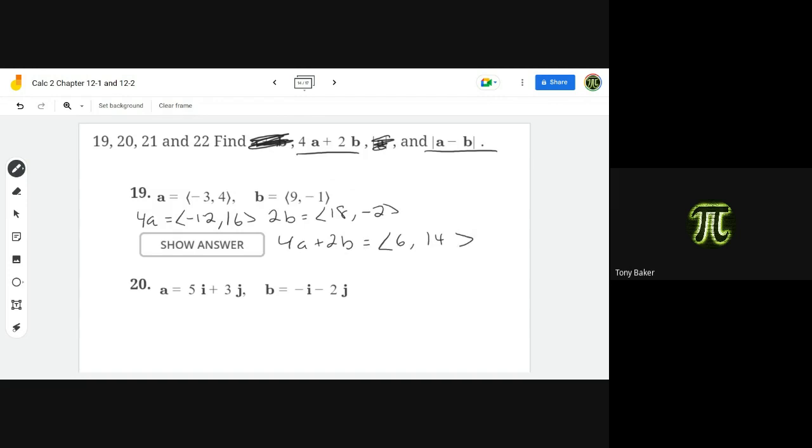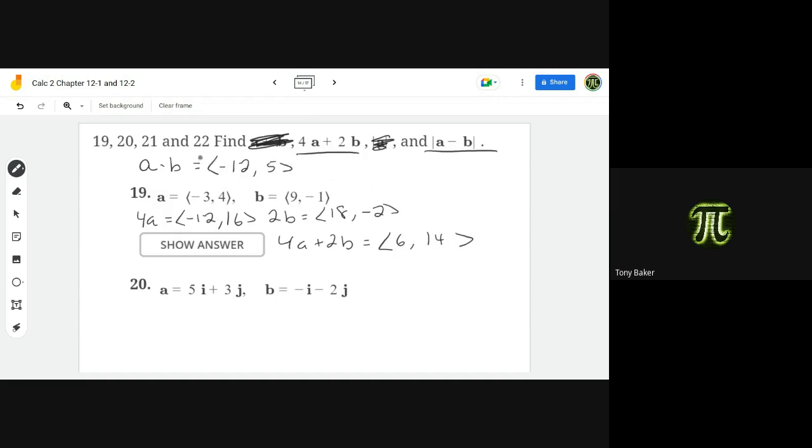So the sum of them for the first one should have been 614. To do the magnitude, you actually have to subtract first, then do your magnitude. You can't do the magnitude of each one and subtract them. It does not work. So if we subtract, we get negative 12 and 5.